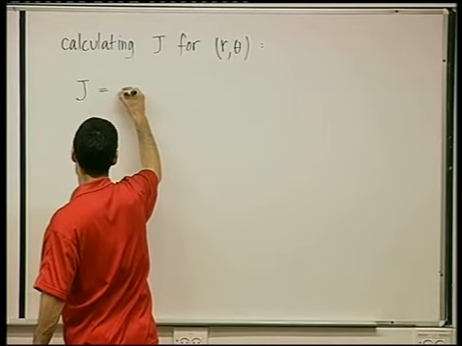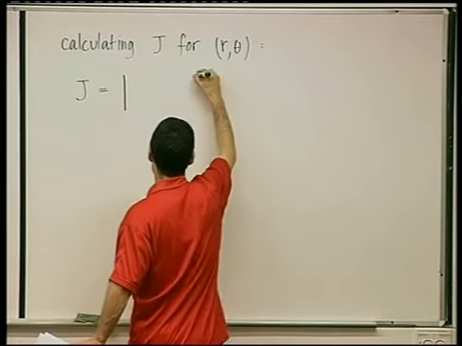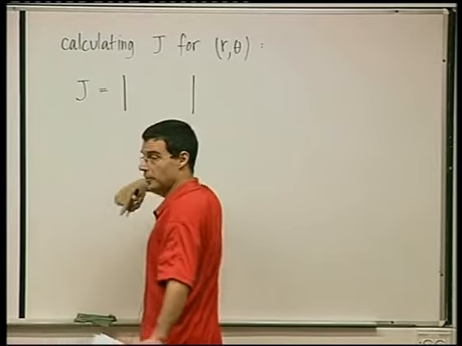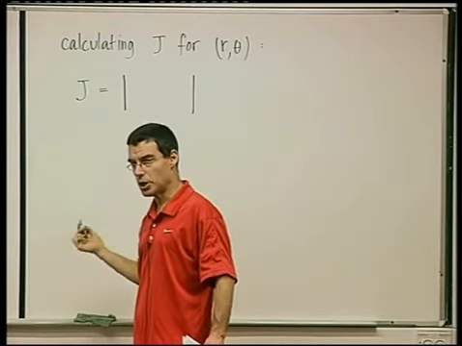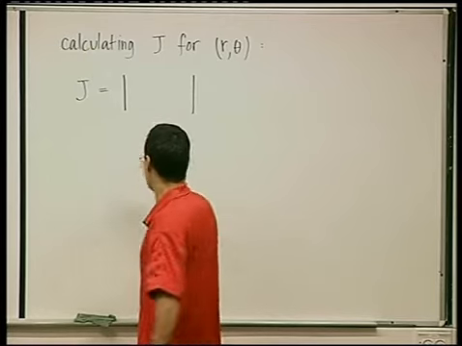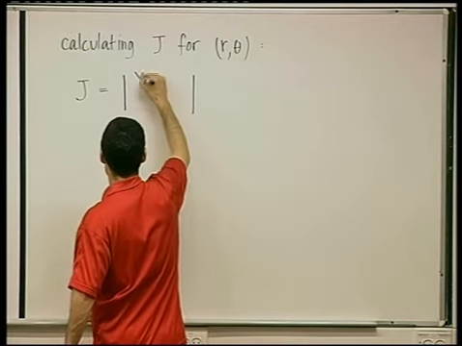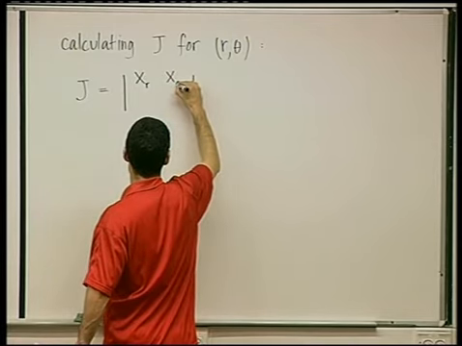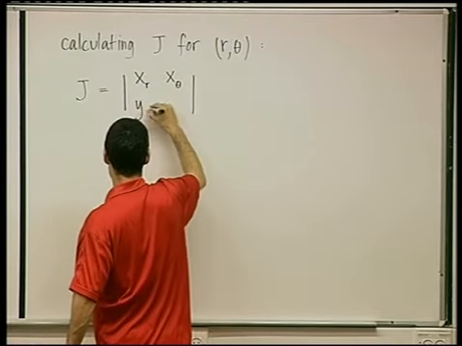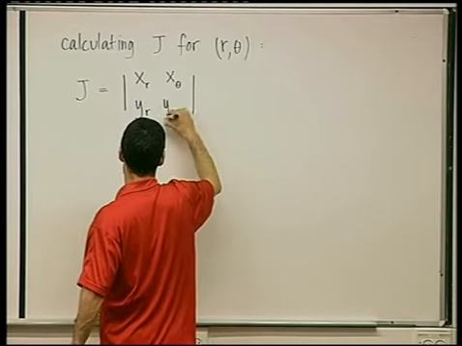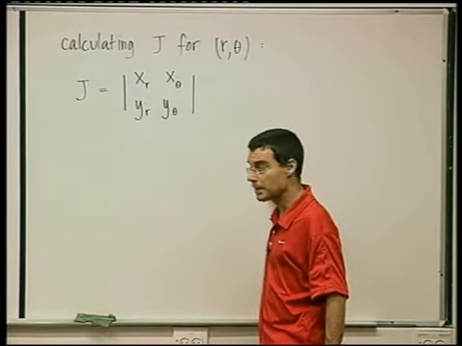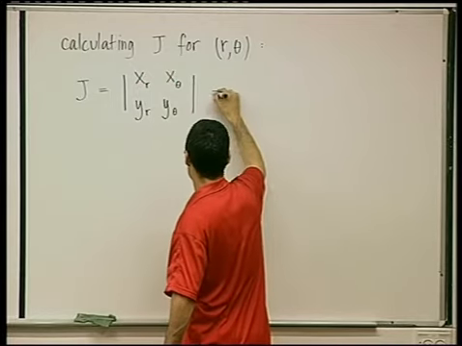J is going to be the determinant, the 2 by 2 determinant of the old variables, x and y, partial derivatives with respect to the new variables. So the derivative of x with respect to r, the derivative of x with respect to theta, the derivative of y with respect to r, the derivative of y with respect to theta. Right? Let's see what we get.